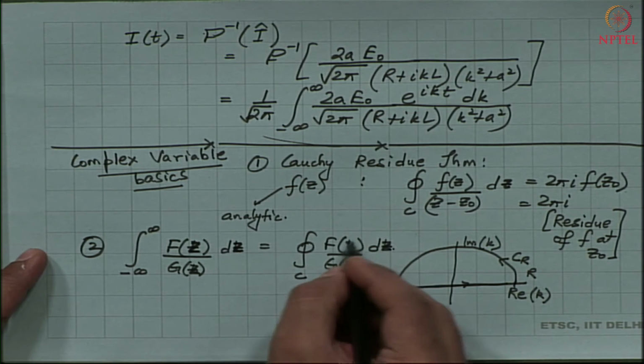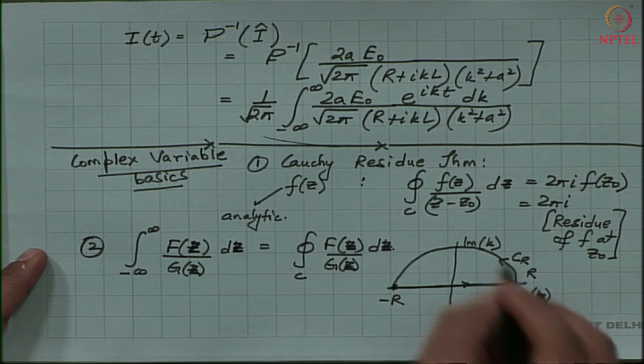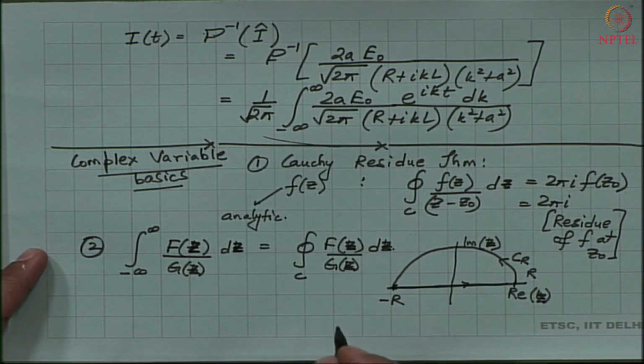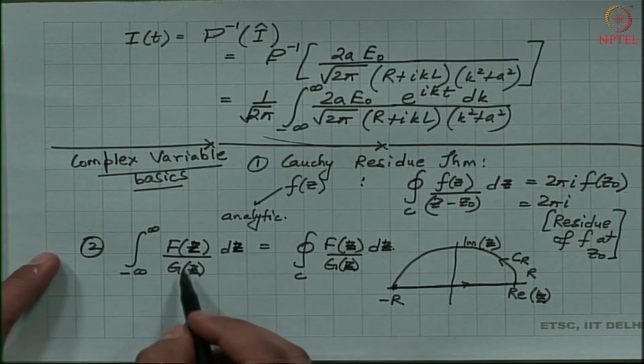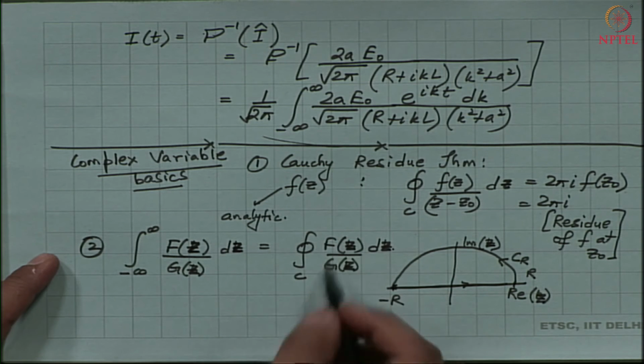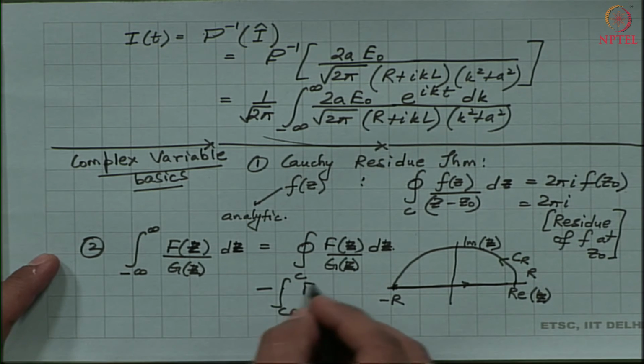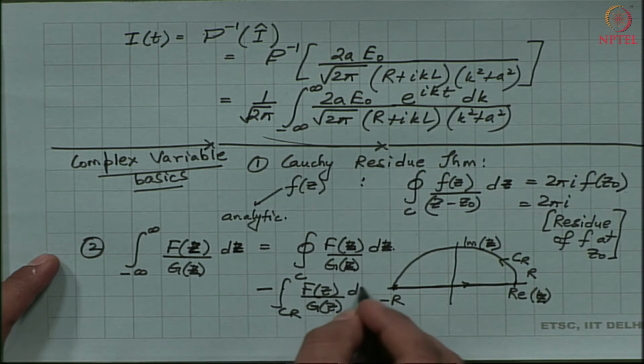So, z is a complex variable and so was k. In this range I have that this integral, which is over the real axis, is equal to the contour integral minus the integral over the curved part, right.